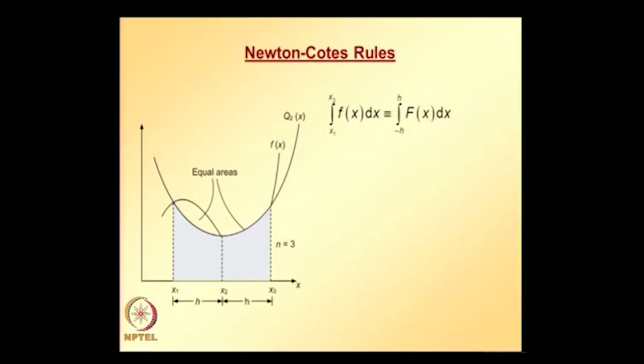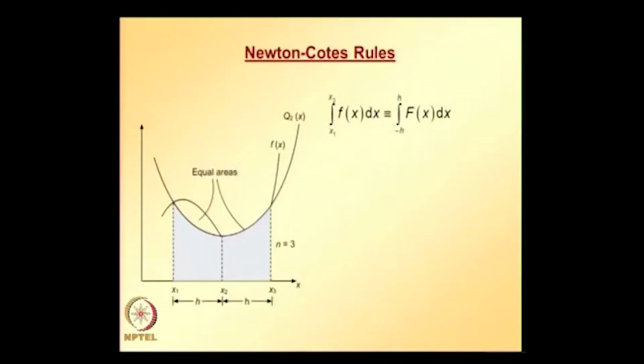So our job is to evaluate the integral of f(x) between the limits x1 and x3. If we take x2 as the origin, x1 is at a distance minus h and x3 is at a distance h. So we can replace these limits x1, x3 with minus h and h.